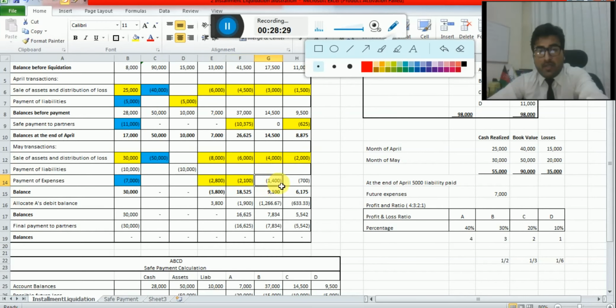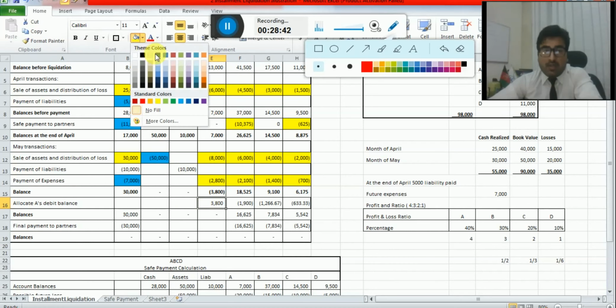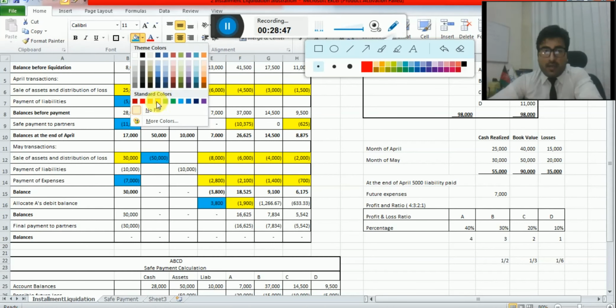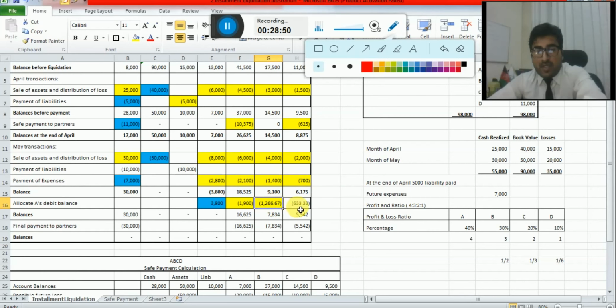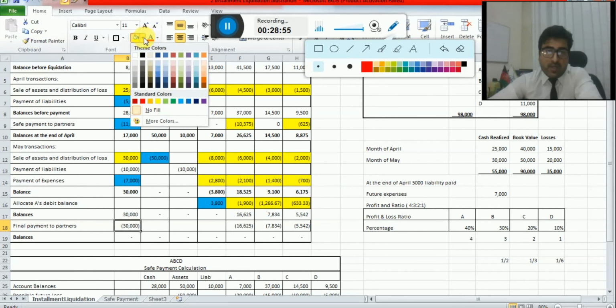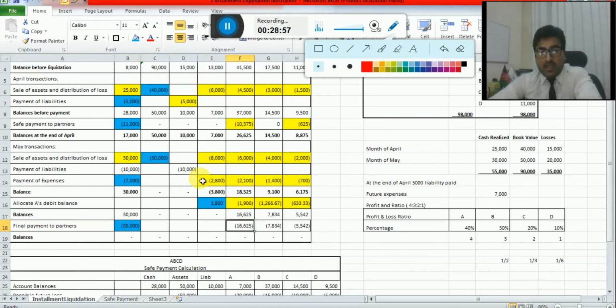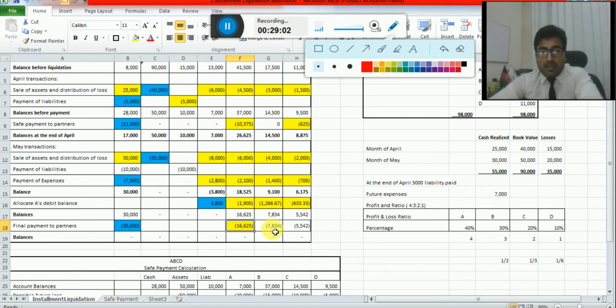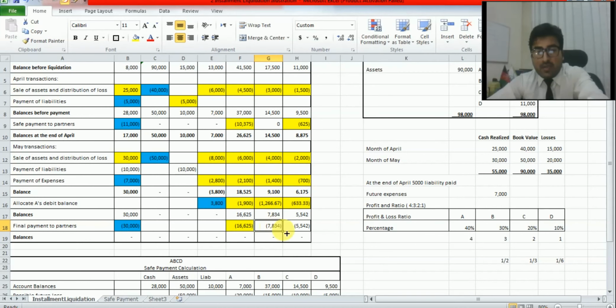Then we have the next step, allocation of balance. Here capital increase, that is credit, and here is decrease in capital, that is debit. Final payment: we have cash, so decrease in cash, that is credit, and here is decrease in capital, that is debit.